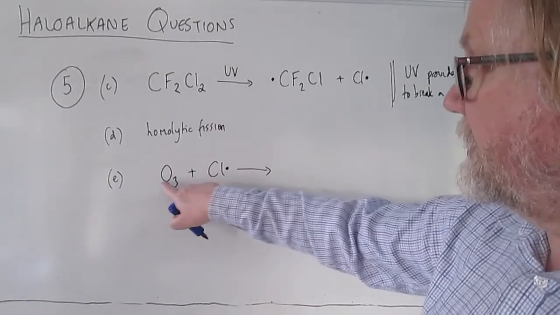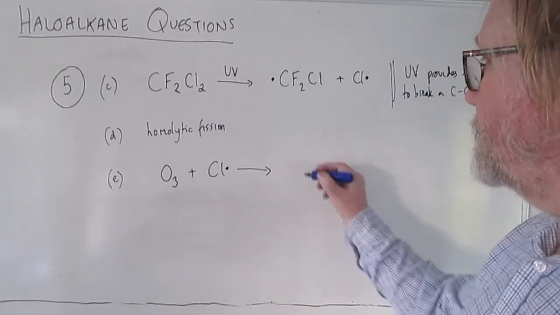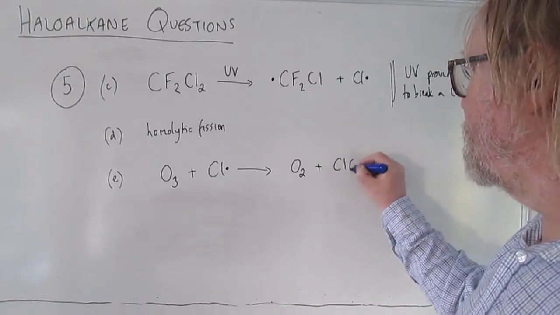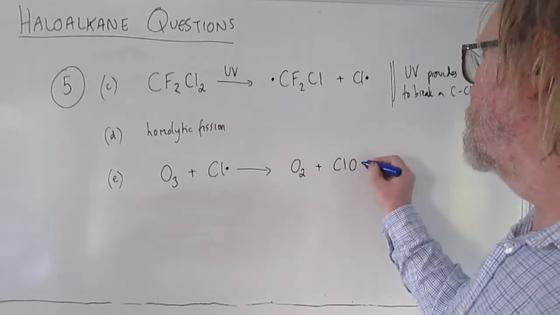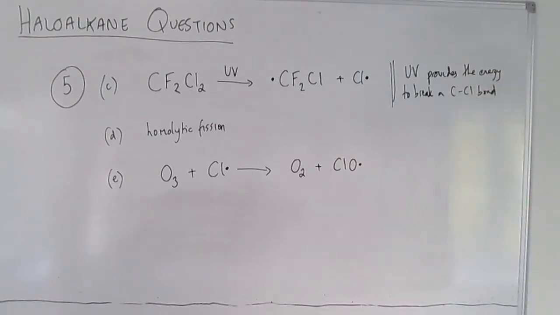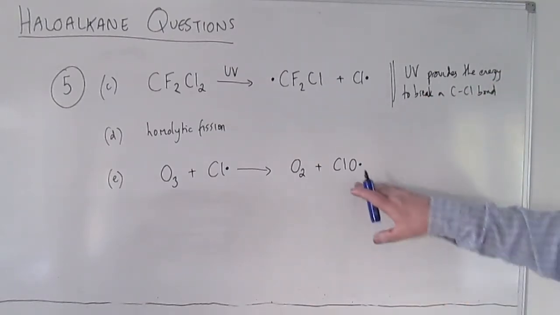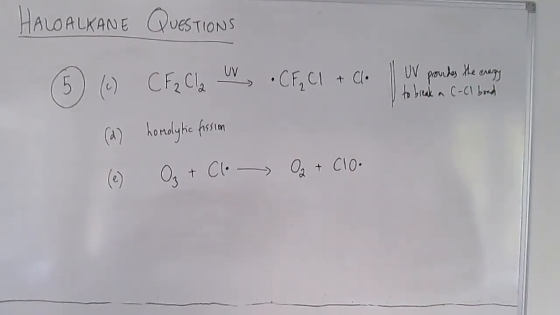And that's what this does. It grabs 1 oxygen out of the O3, so that leaves behind O2 and gives you ClO dot, which looks like that. What that has is still an unpaired electron here. So it's still a reactive species.